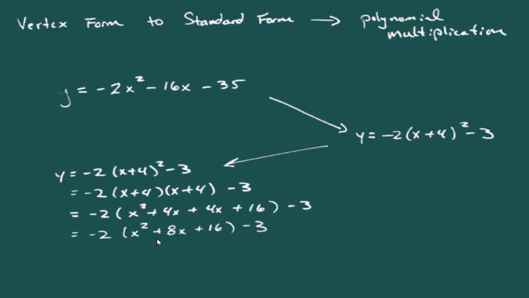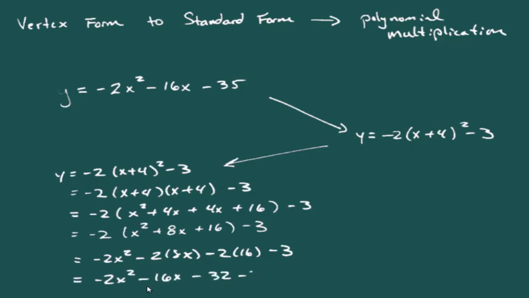Well, if I distribute my negative 2, that's going to be a negative 2 times x squared, a negative 2 times 8x, and a negative 2 times 16. Well, that's going to give me a negative 2x squared, minus 16x, minus 32, and then minus our 3 on the end.